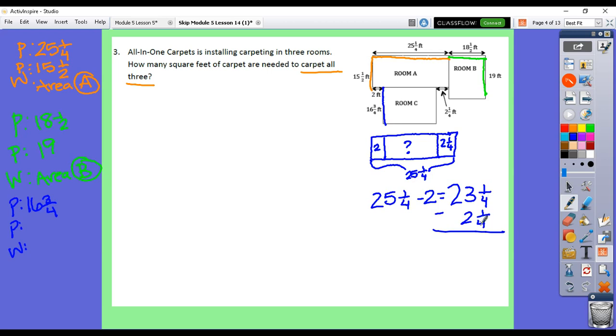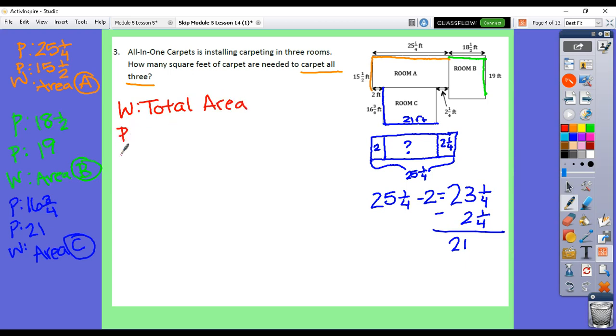So 1/4 minus 1/4, well, that's nothing, that's 0. And then you have 23 minus 2, which is 21. So the length of room C is 21 feet. So I can come down here and label my part, and then my whole is the area of room C. So once I find the area of all of those different spaces, the area of room A, the area of room B, the area of room C, my whole would be the total area.